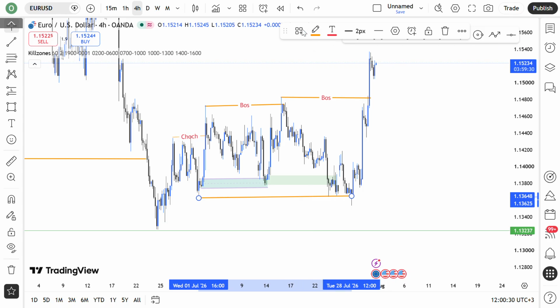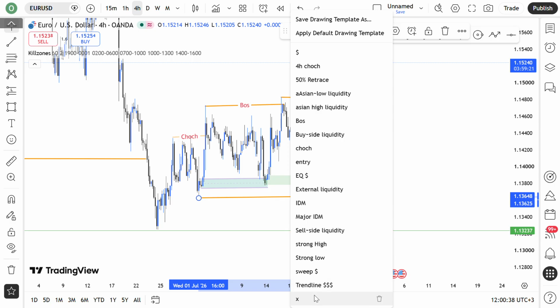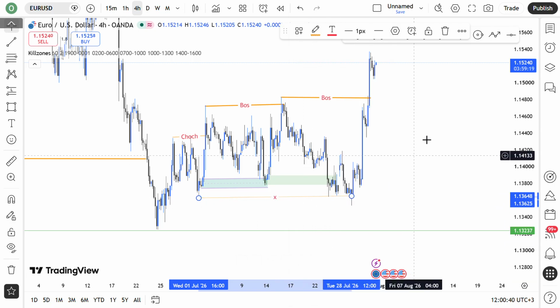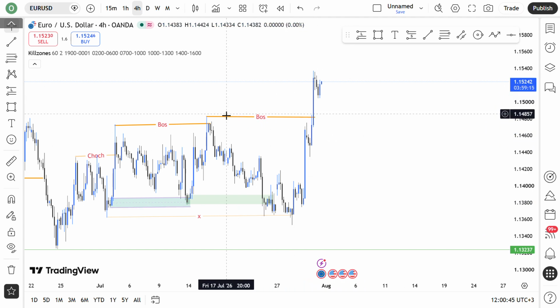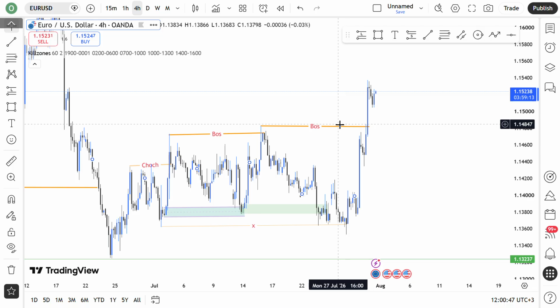This is a sweep of liquidity that is very clear on this area. So after these liquidities have been swept out, you can see clearly how price has come in aggressively, taking out this high, giving us another break of structure.